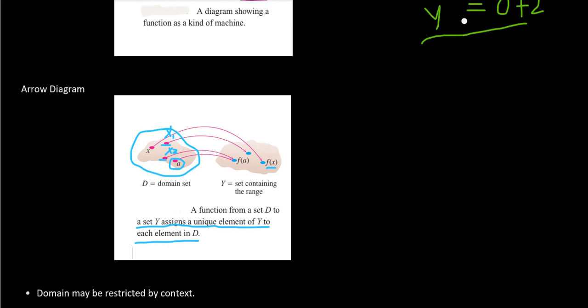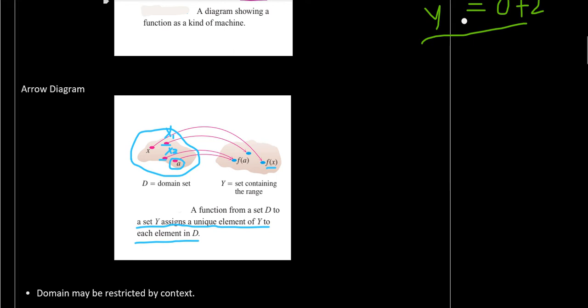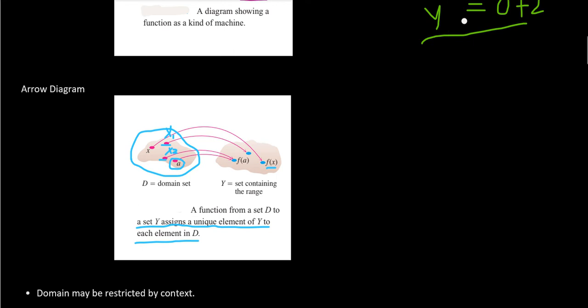Here is another point that I think is important. Domain may be restricted by context. Suppose I'm giving you an example of a function, A is equal to pi r square.